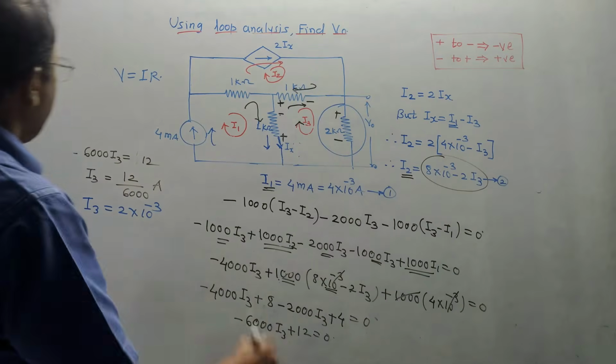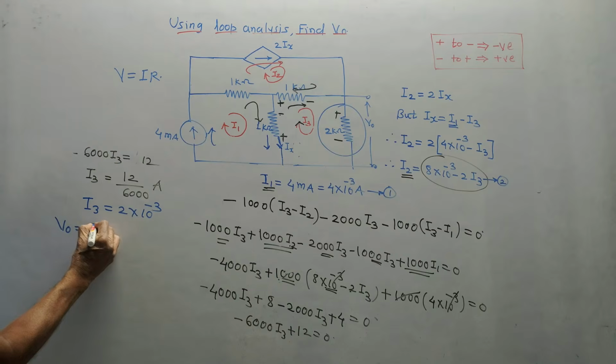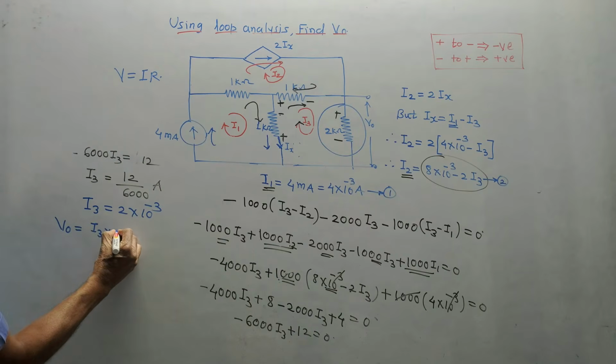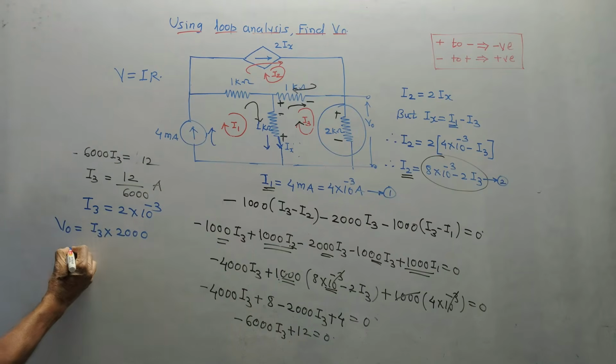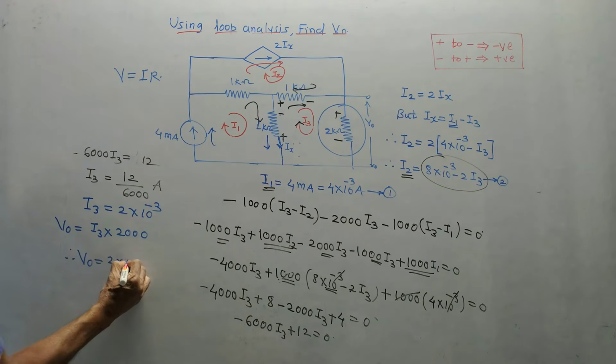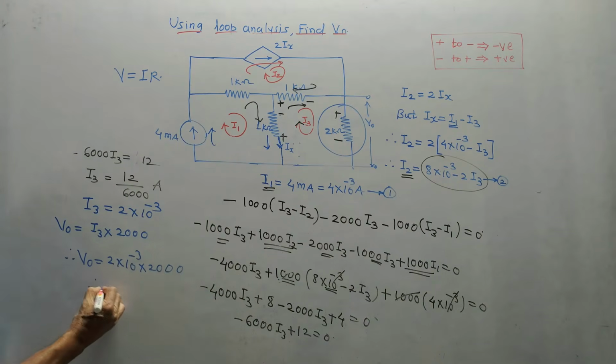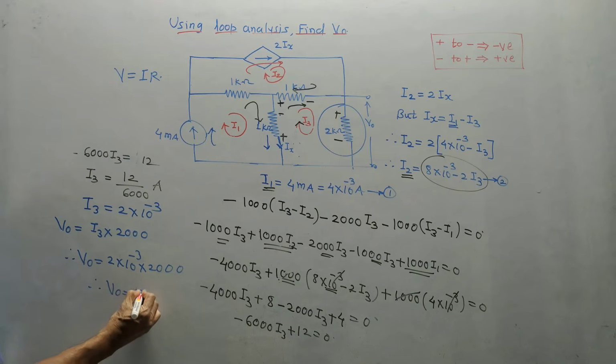This current is I3. So V0 equals I3 into 2K, that is 2000 ohm. Putting the values, V0 is 2 into 10 raised to minus 3 into 2000. Therefore V0 equals 4 volt. This is the final answer.